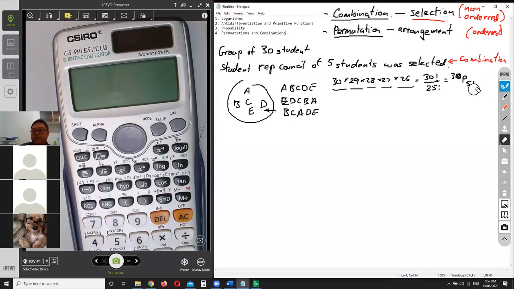That's the number of arrangements, sorry, overall choices, not first choice. But each arrangement is duplicated how many times? So each selection has how many duplicate arrangements?